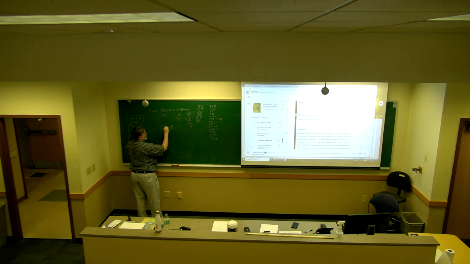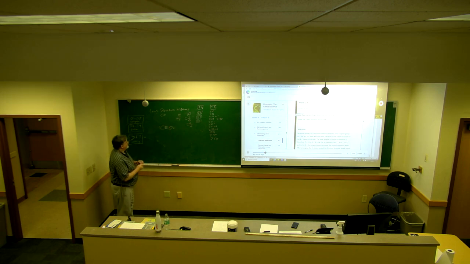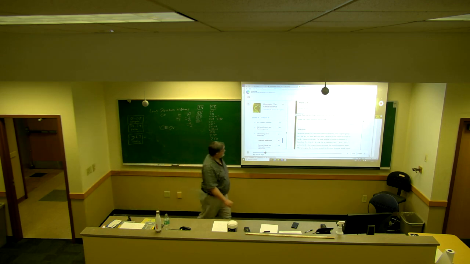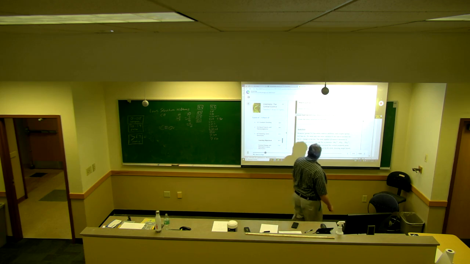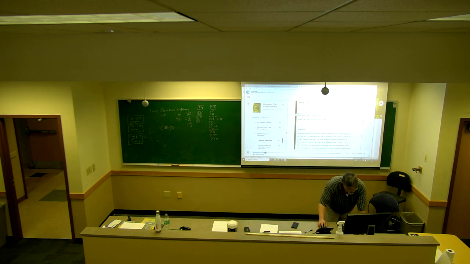Take another pair here, make a multiple bond. I believe that's it. CO. I didn't think they did formal charge yet, so that might be premature. Well, they shouldn't have given that as an example yet because we haven't gotten to formal charge.